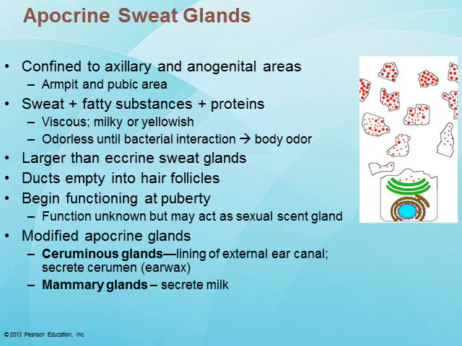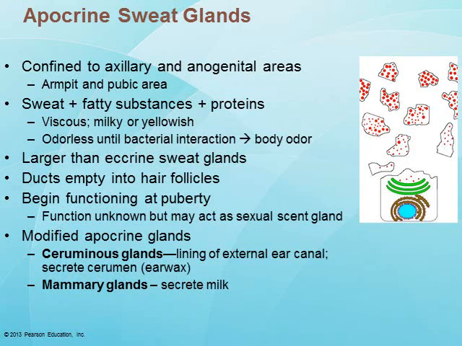When do those places start to sweat? Okay, those sweat glands normally develop together with your hair in those locations. Okay, it's larger than the eccrine gland. Normally those ducts do not pour directly onto the skin. They pour into the hair follicle first.